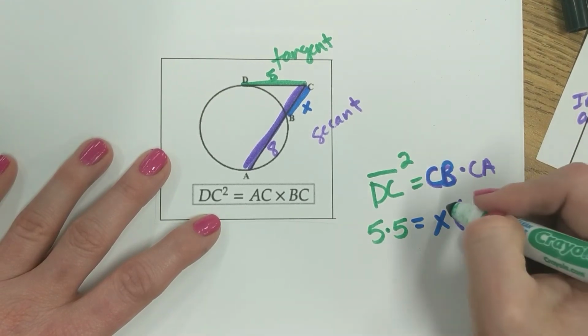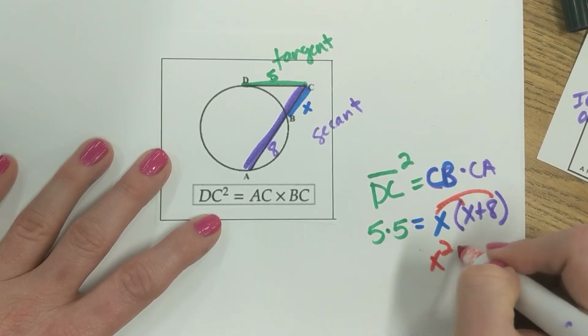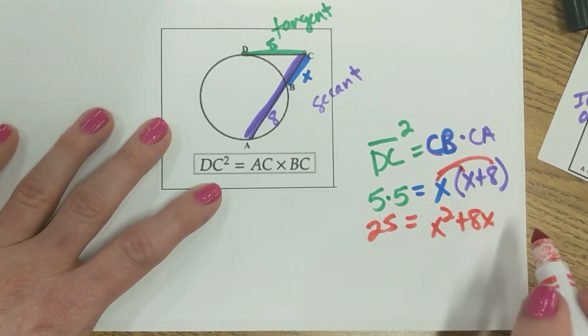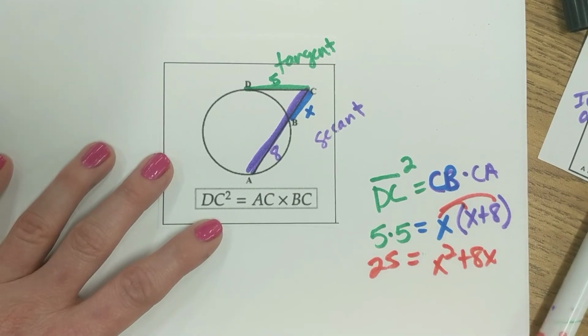So you'd have to distribute. This would be X squared plus 8X equals 25, and that's not going to work out to be something easy to solve, but that's how you would solve it.